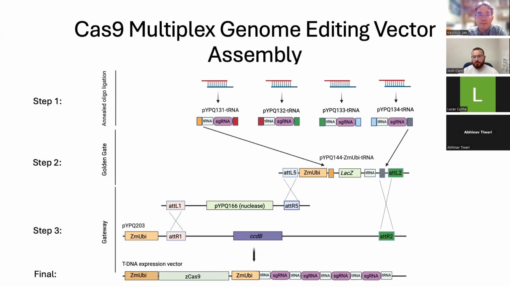So for a dicot, our system uses Arabidopsis ubiquitin as the promoter, and for monocots we use maize ubiquitin. We don't interchange them for dicots and monocots. I think that's just a general rule if you're interested in achieving strong constitutive gene expression in either a monocot or dicot species.